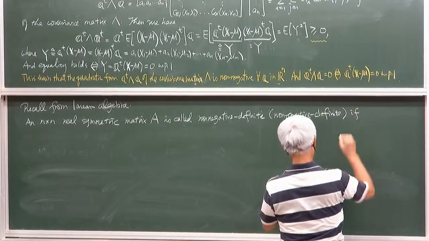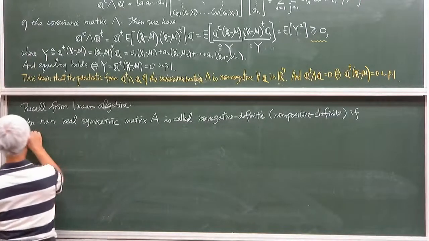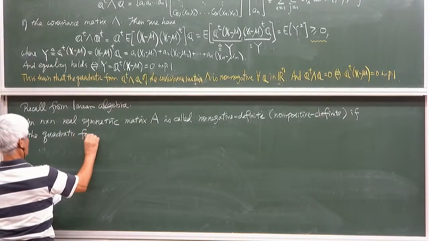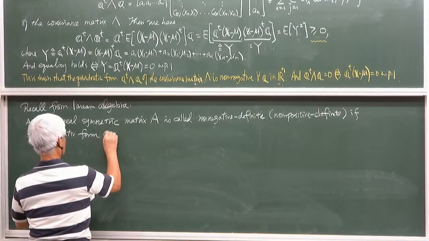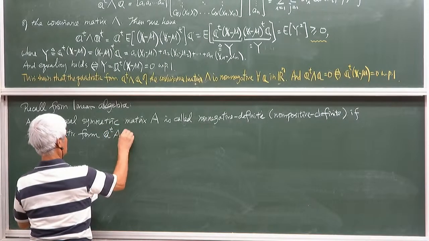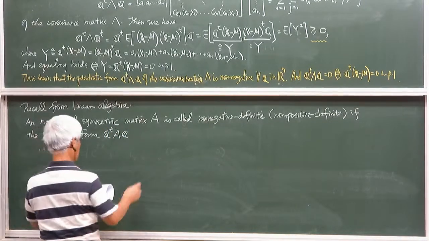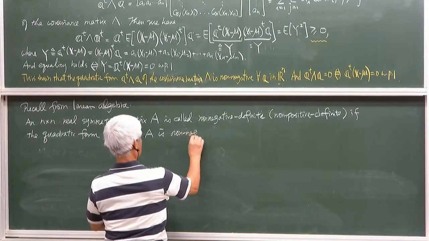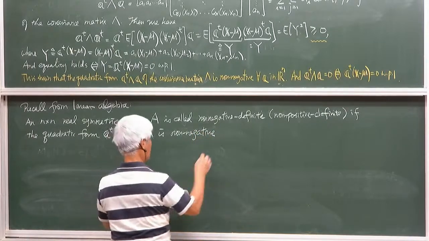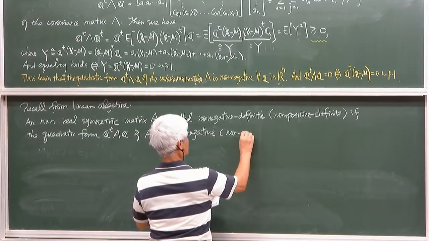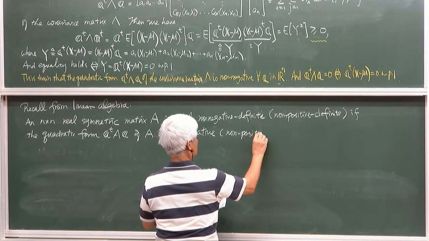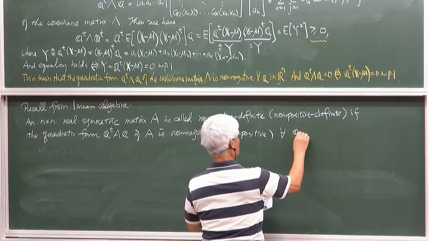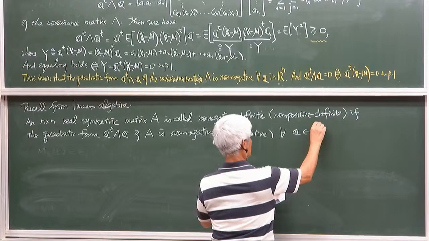if the quadratic form of A is non-negative, or non-positive, for all vectors a in Rn.